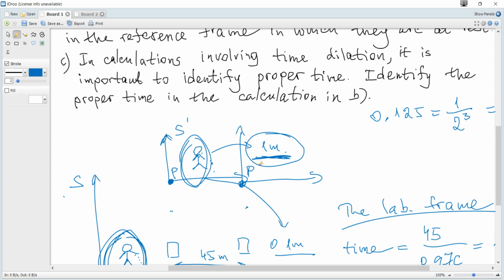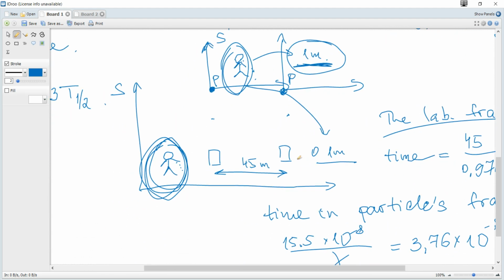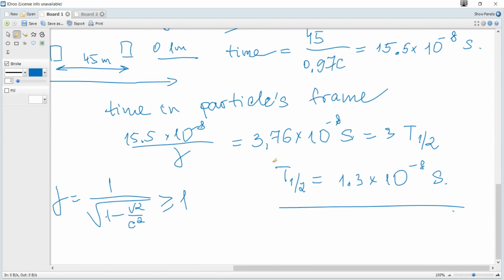So measured in the reference frame of the particle beam, it will be proper time, because the time between two events is measured at the same place. And let's review what proper length is. Proper length is the length measured in the reference frame in which the given object to be measured is stationary. And that's all for this question.